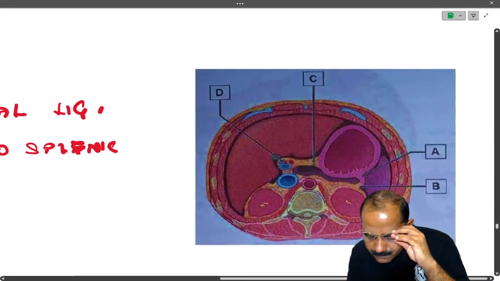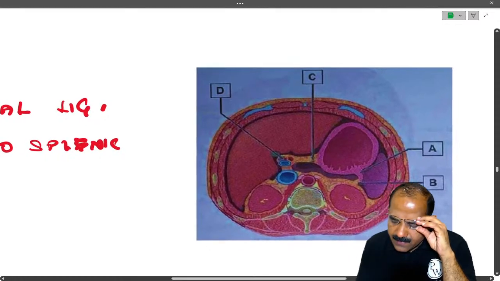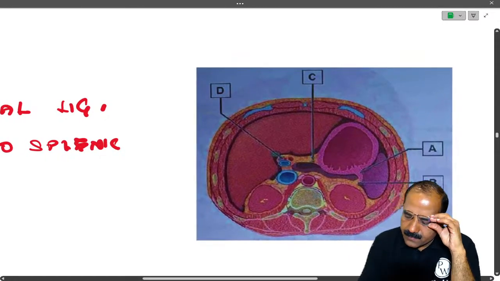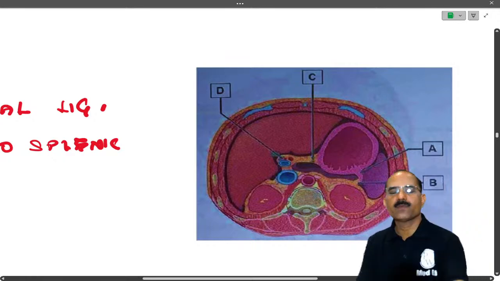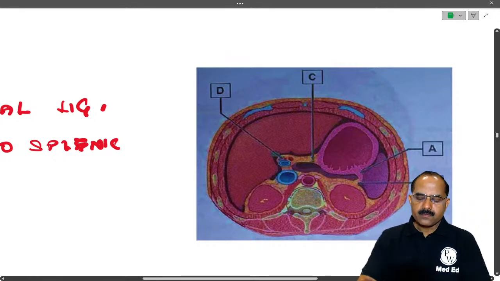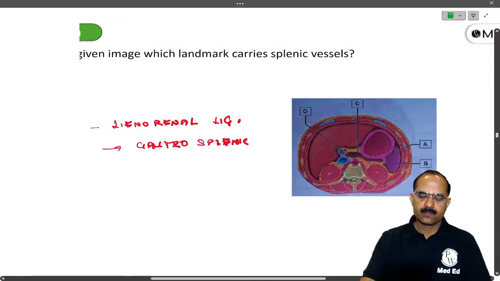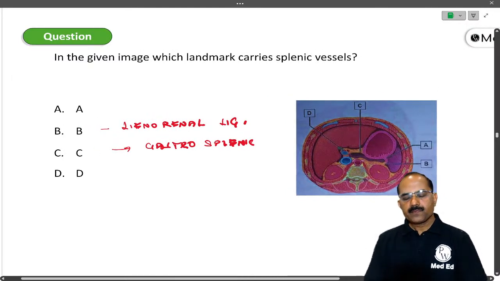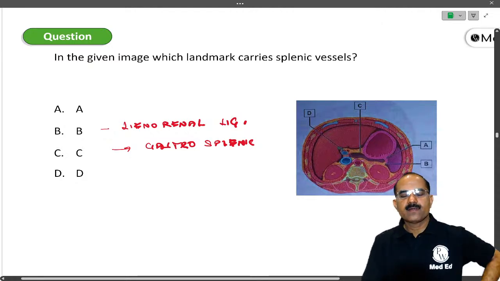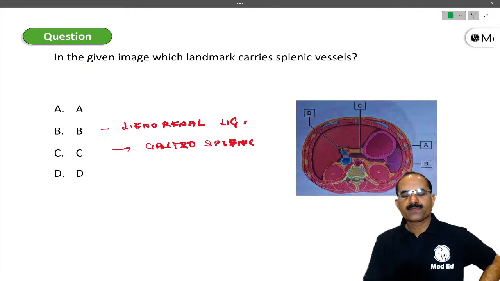Okay. What is D? Yeah, gastrosplenic ligament में क्या होता है? Short gastric vessels and yes, short gastric vessels.